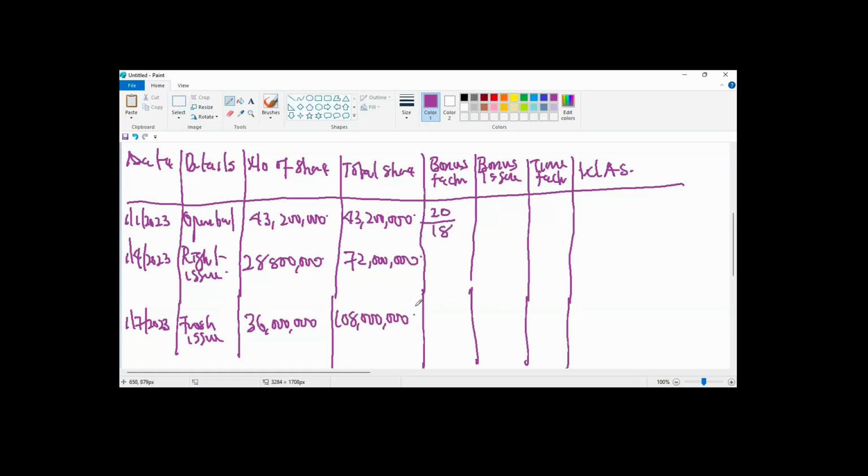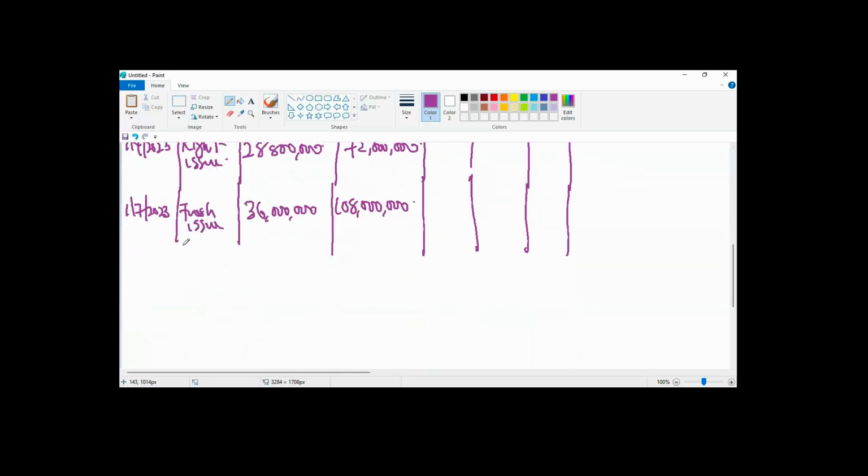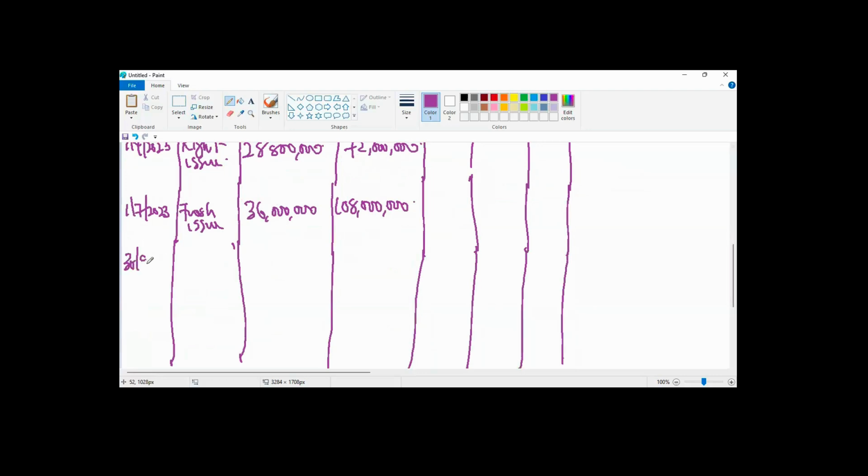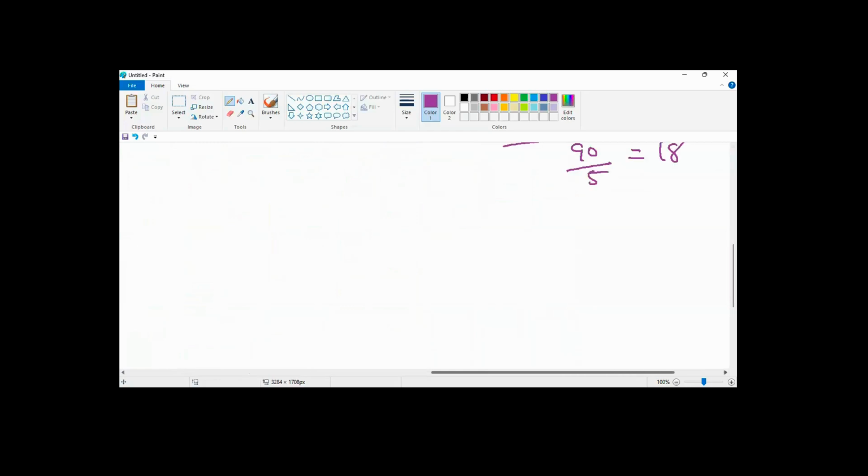What happened is, on 30th September 2023, the company made a 1-for-3 bonus issue. Let's go and do the calculation here.